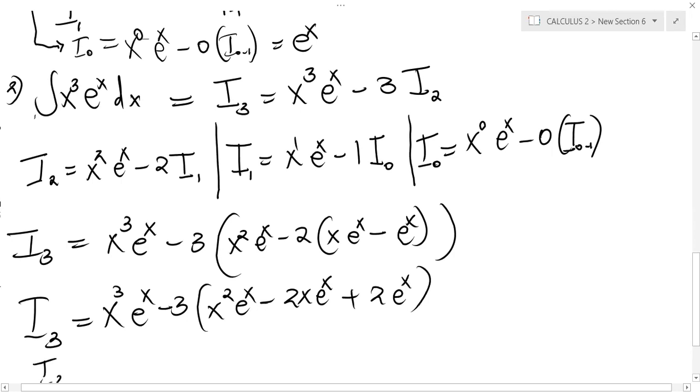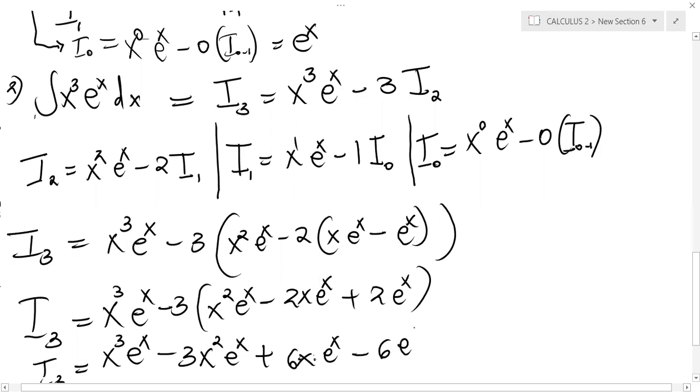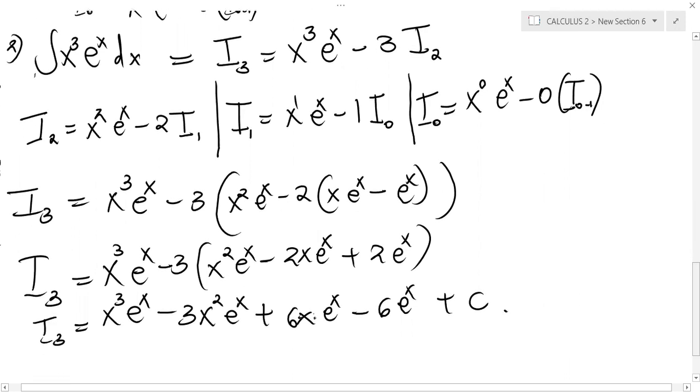Then finally, I3 is equal to x cubed exponential x, open this bracket, this is minus 3x squared exponential x, open this, minus will give plus 6x exponential x minus 6 exponential x plus c, which basically gives us our answer for I3. So basically that's how we go about evaluating such.